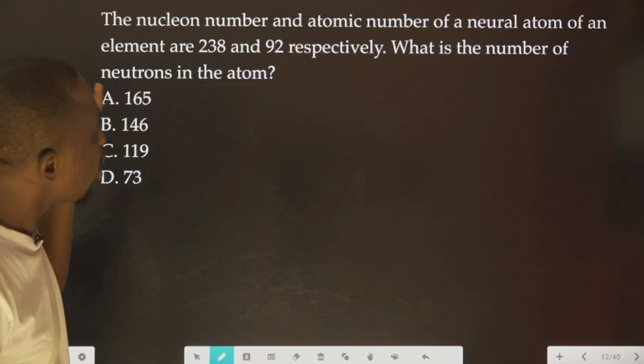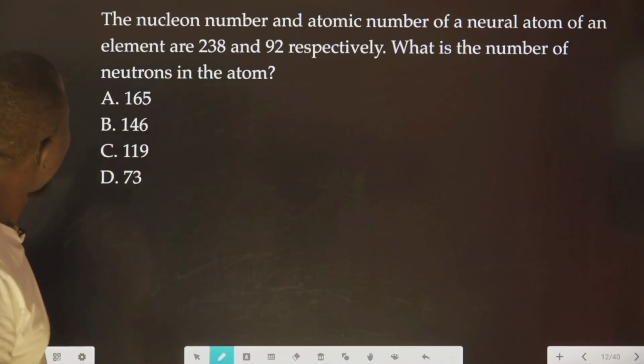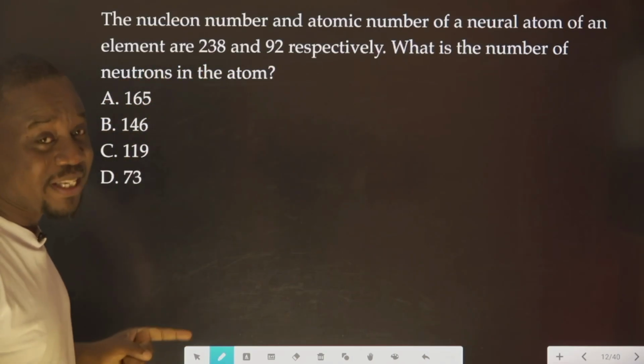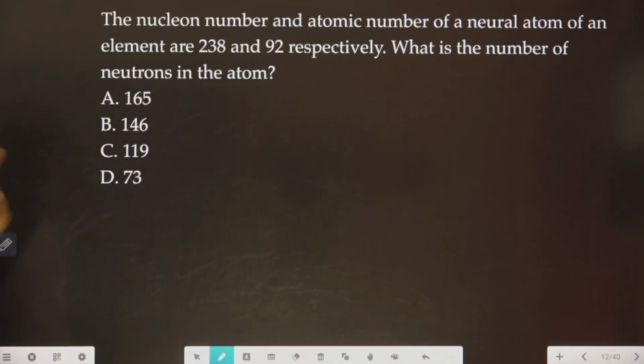Let's look at it. It says the nucleon number and atomic number of a neutral atom of an element are this and this respectively. What is the number of neutrons in the atom? All we need to do is to write out what we already have.